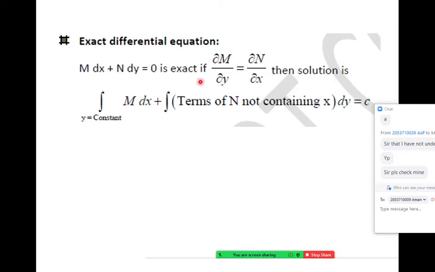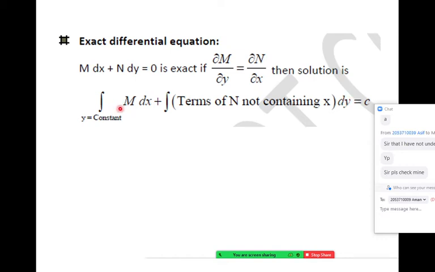That equation will be exact if partial M by partial y is equal to partial N by partial x. So we require partial derivatives: the partial of M with y should equal the partial of N with x. If it is an exact differential equation, we can very easily get its solution by this formula.